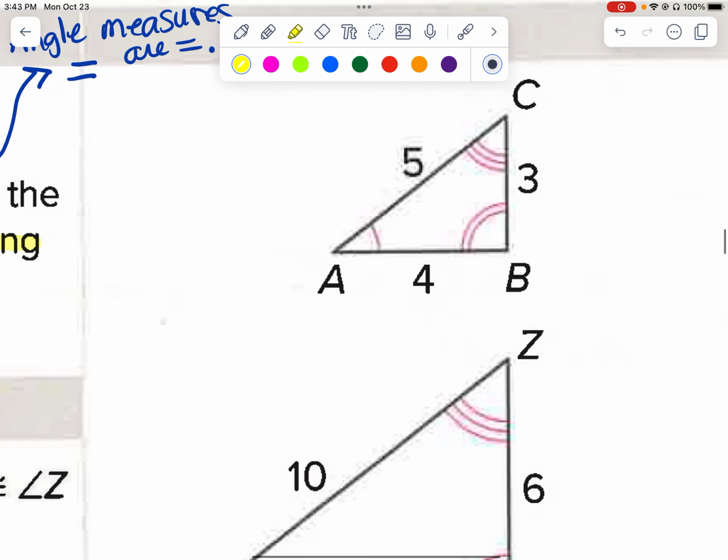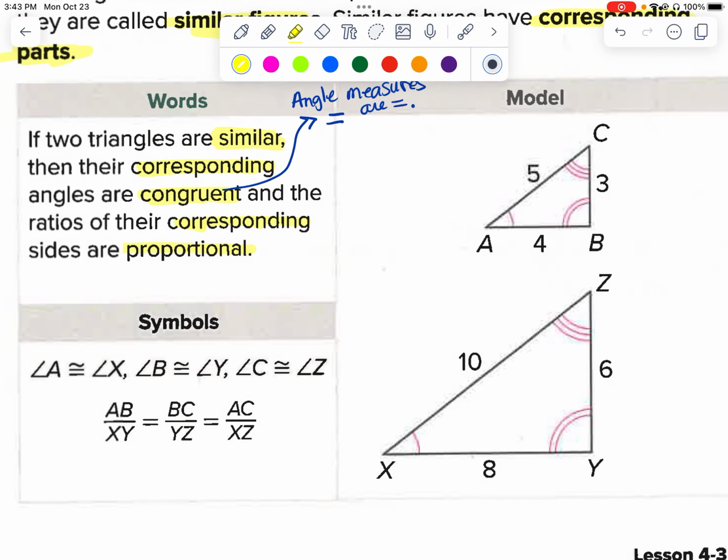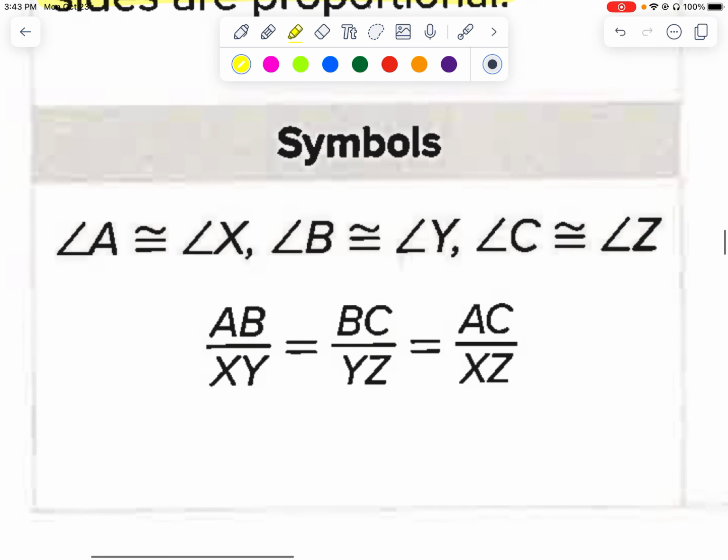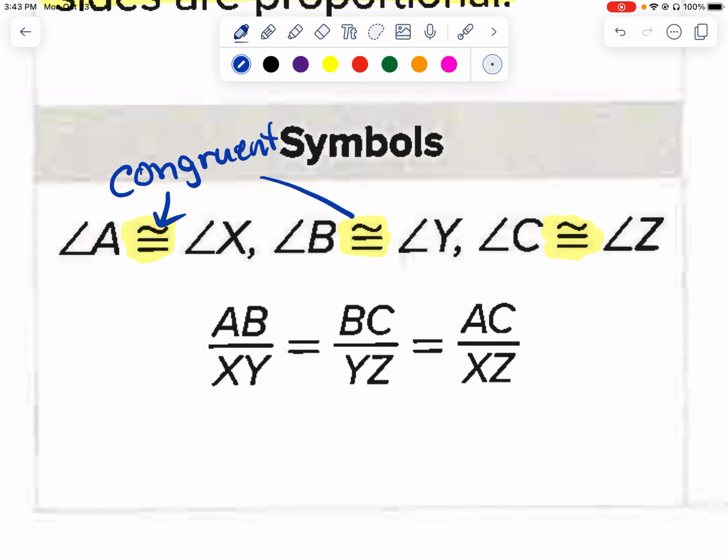So let's come over here for symbols. Let's look at symbols first. See this right here? Those are the symbols for congruent. This right here means congruent. And that symbol right there means angle.